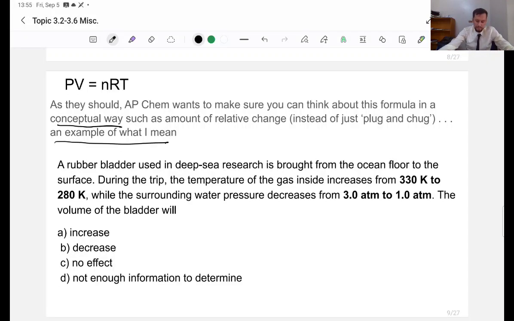So a rubber bladder used in deep sea research is brought from the ocean floor to the surface. Ooh, fancy, going all the way down there. During the trip, the temperature of the gas inside increases from 280 Kelvin to 330, while the surrounding water pressure decreases from 3 to 1 atm.